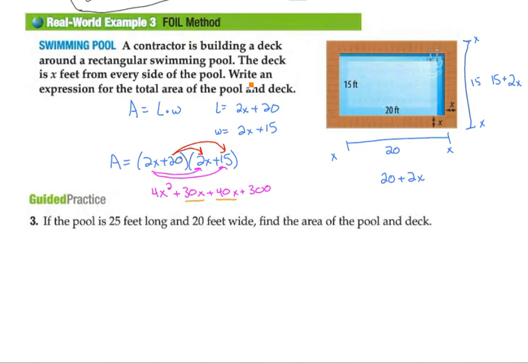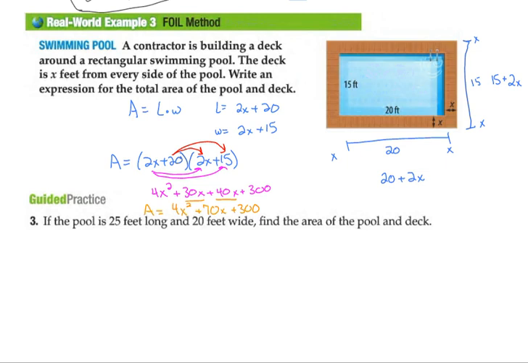Again, what are we trying to do? We're writing an expression for the total area of the pool and deck. So we have the total length of the pool and deck, the total width of the pool and deck. So if we go ahead and combine these, it looks like we have our answer. 4x squared plus 70x plus 300.